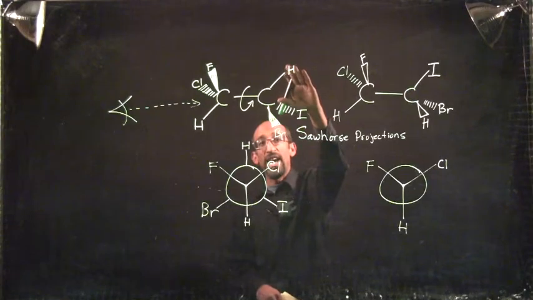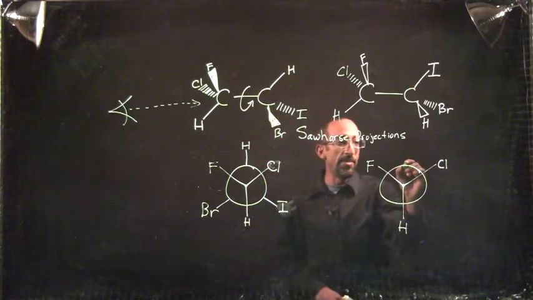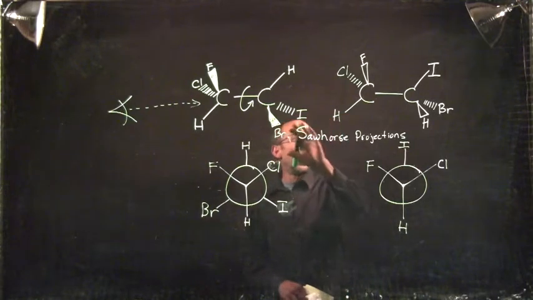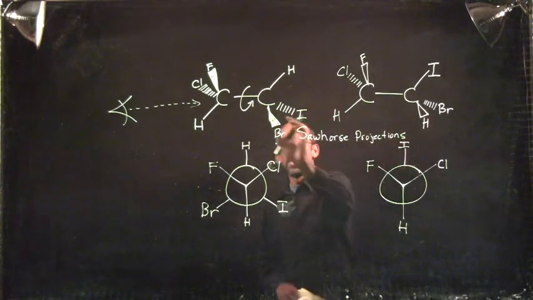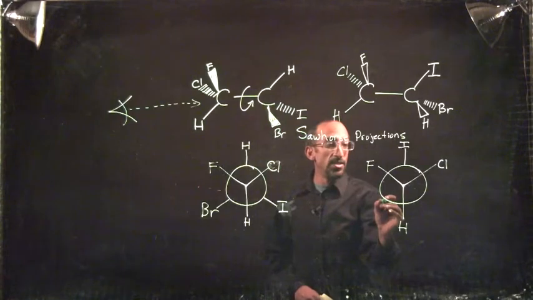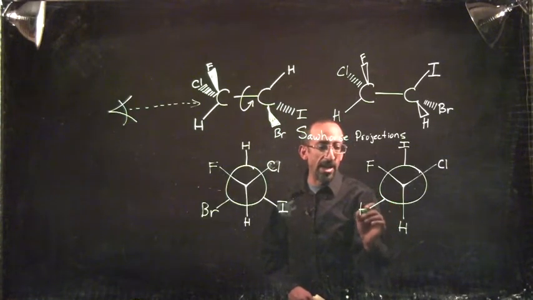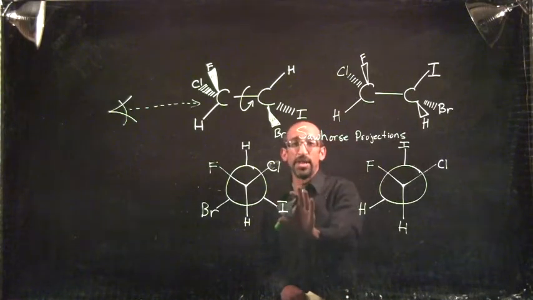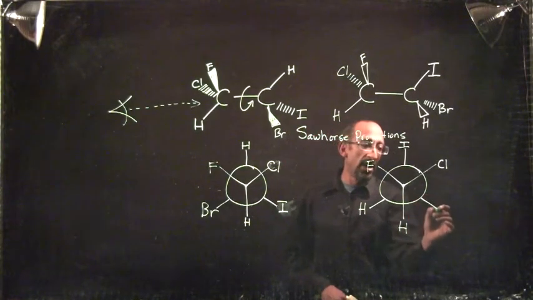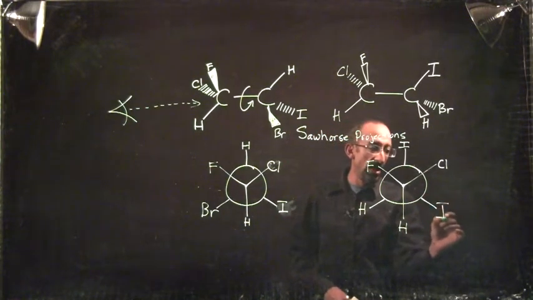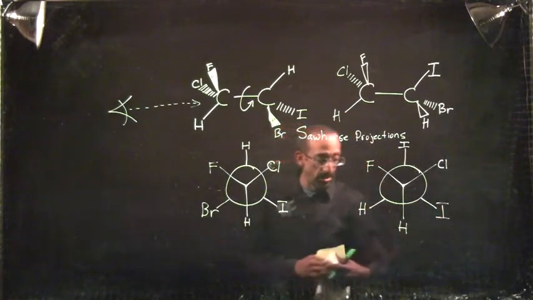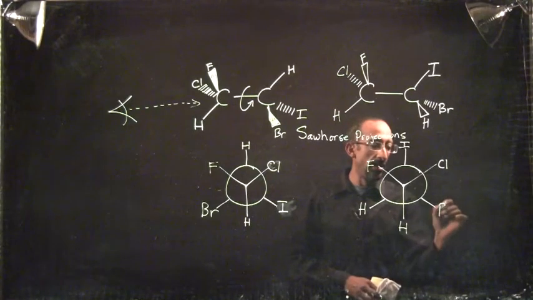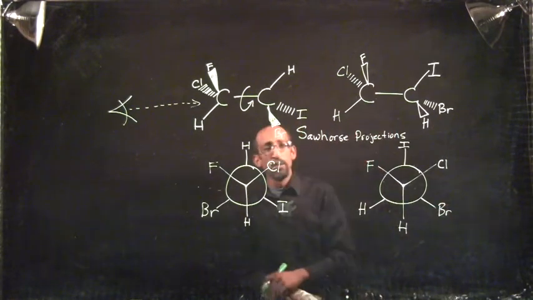Now notice, since we did this rotation to generate a new conformer, now the iodine on our back carbon takes the place of the hydrogen before. So coming up, I would have an iodine atom. In our new conformer, hydrogen has taken the place of the bromine. So over here now, I would have my hydrogen off the back carbon. And then finally, the bromine has taken the place of the iodine. And so now here, I can put my bromine atom.